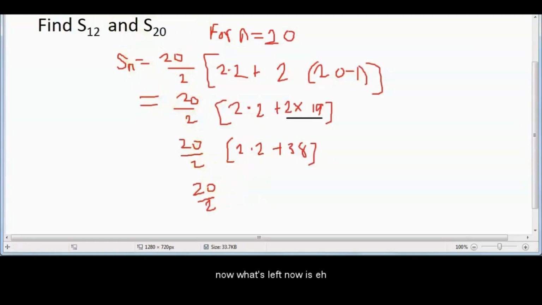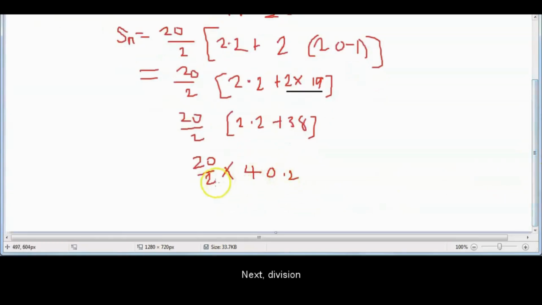What's left is 20 over 2 times 40.2. 38 plus 2.2 gives you this. Next, division. 2 into 2, 1. 2 into 20 is 10. So we are left with 10 multiplied by 40.2, which is 402. S is 402.